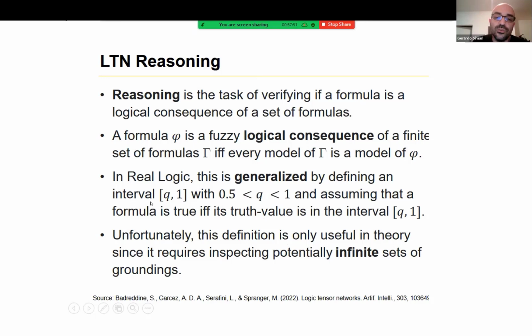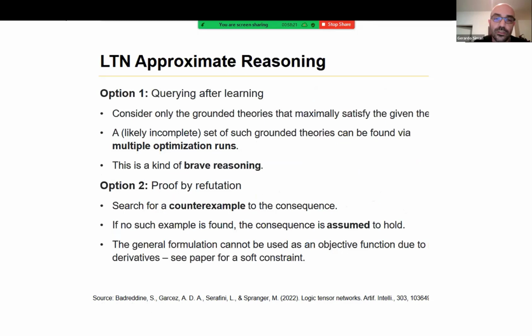So you define the interval from q to 1 with q being at least 0.5, and you assume then that the formula is true if and only if the truth value is in this interval. So this sounds great. In theory, it's very, very tidy, but unfortunately, the definition requires inspecting potentially infinite sets of groundings. So how do we do this?